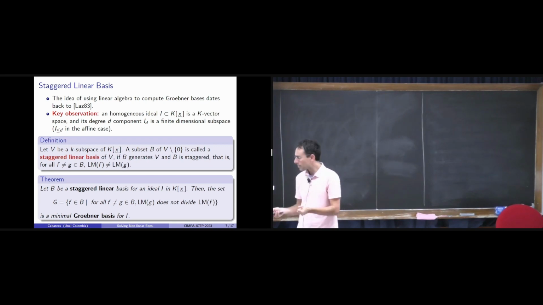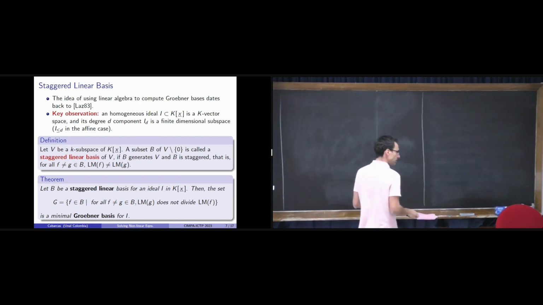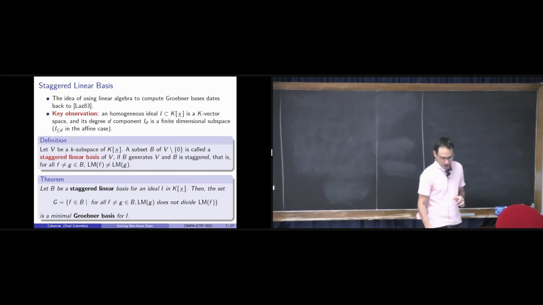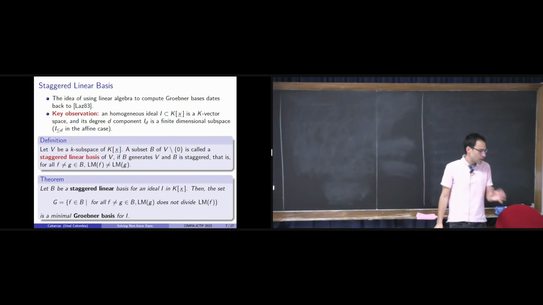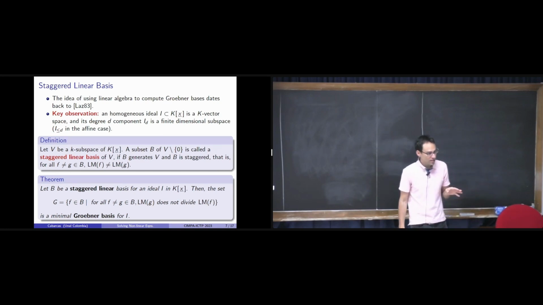We extract that, and that's a minimal Groebner basis for the ideal. I haven't talked about what minimal means, but it's not really that important here. So I'm just going to prove that it is a Groebner basis.